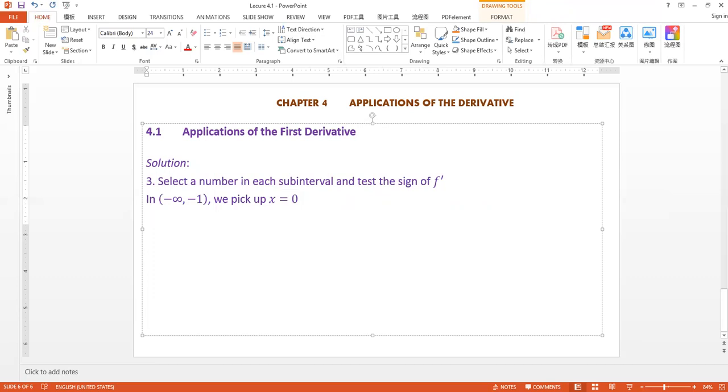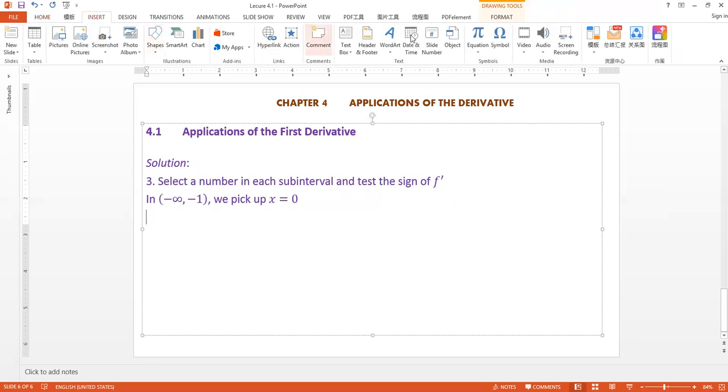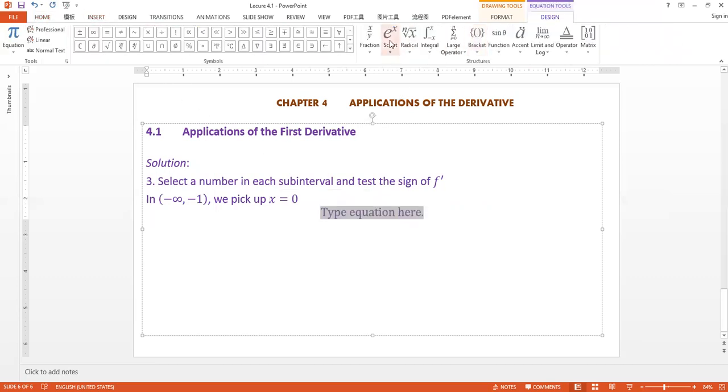Okay, so then f prime, we already did in the previous page. So what is f prime is 2 times (x plus 1) times (x minus 3).